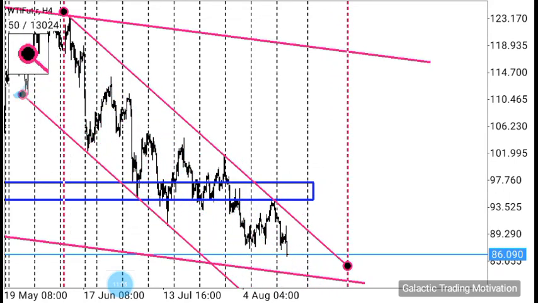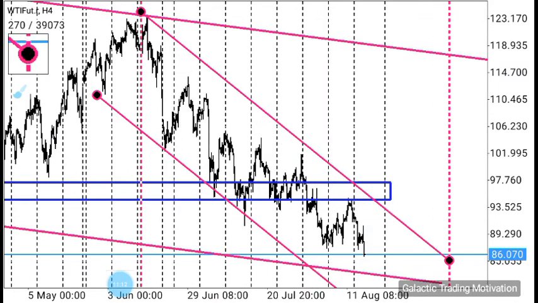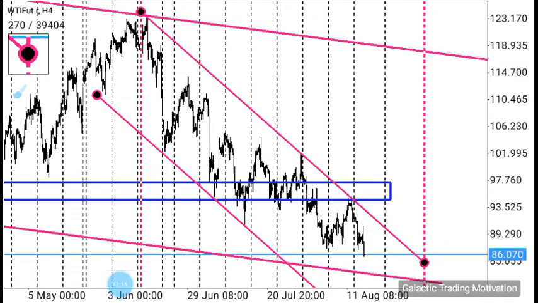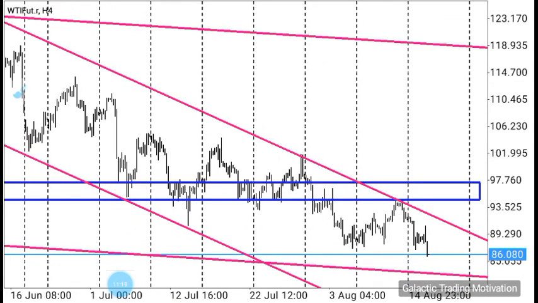There we go. So what do we see on this chart that we should be paying attention to?